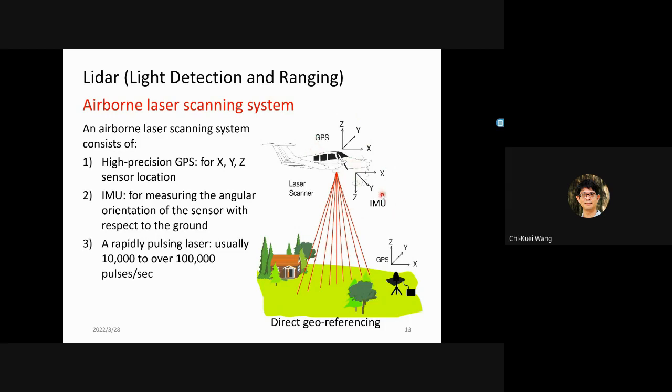The purpose of this GPS is to know the location of the airplane, because we want to know where the laser is being fired out from. And for the IMU, we want to know the attitude of the airplane.